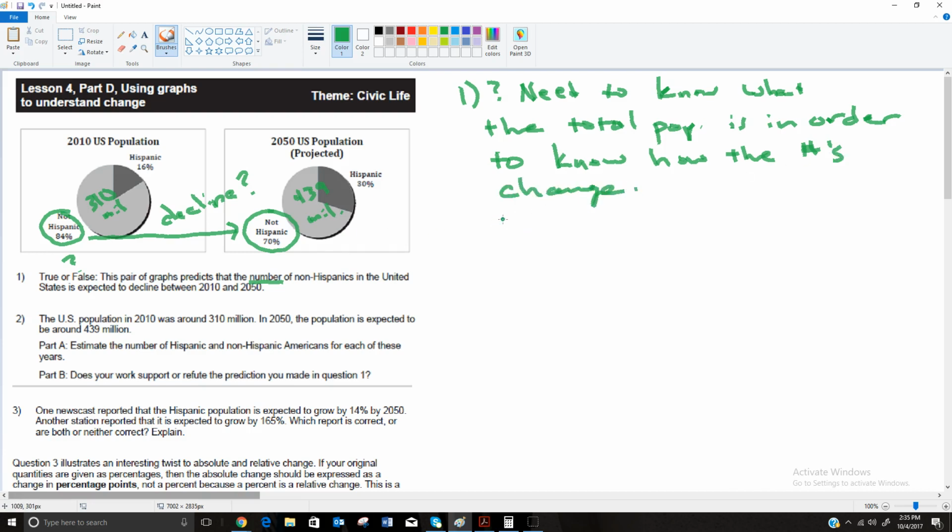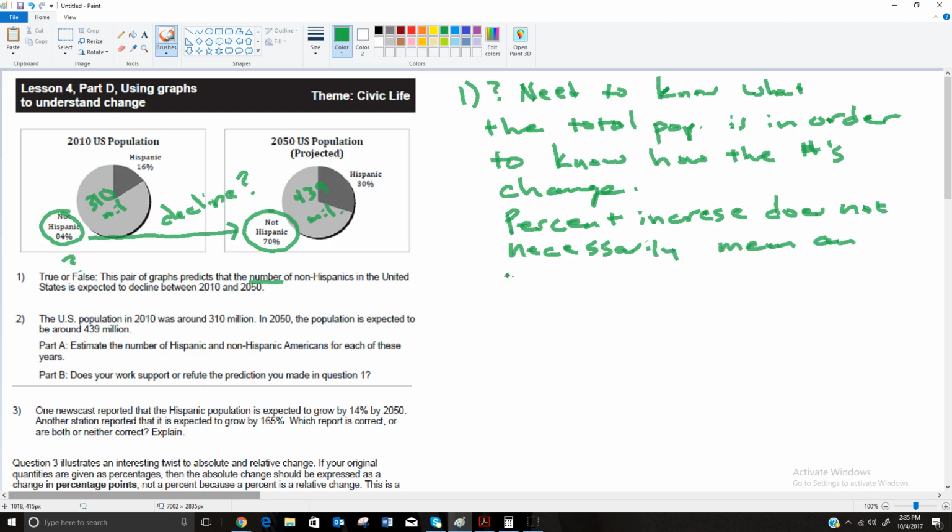Okay, and again, percent increase does not necessarily mean an absolute increase. Or decrease in this case.